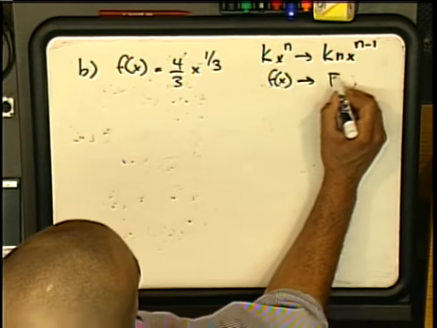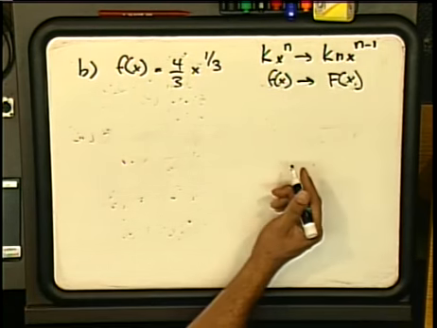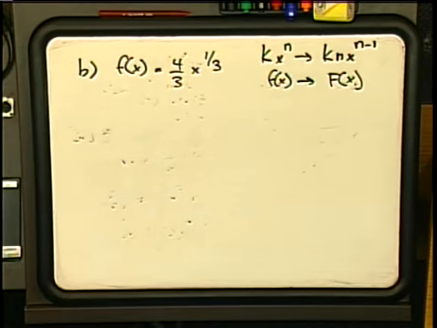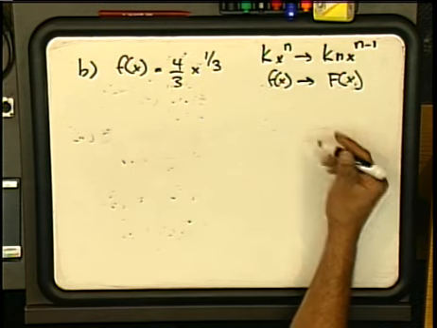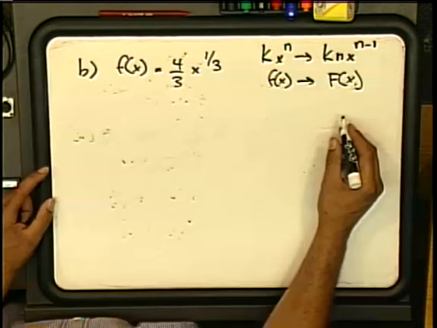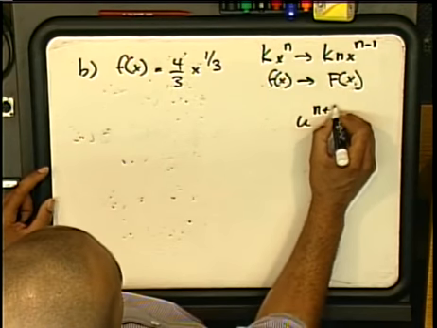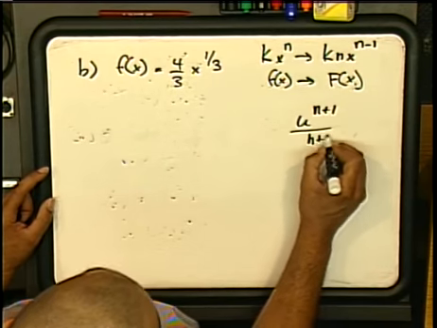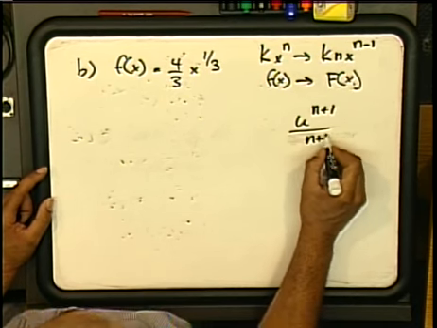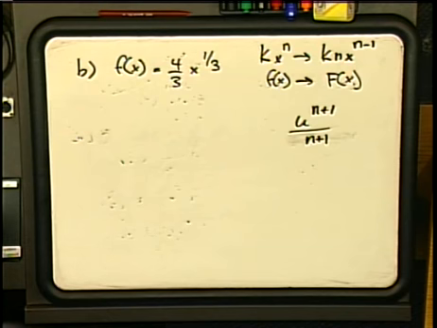Take it to the antiderivative. Oh, I forgot to work that one the other way. I'll just do this one both ways. u to the n plus 1 over n plus 1.